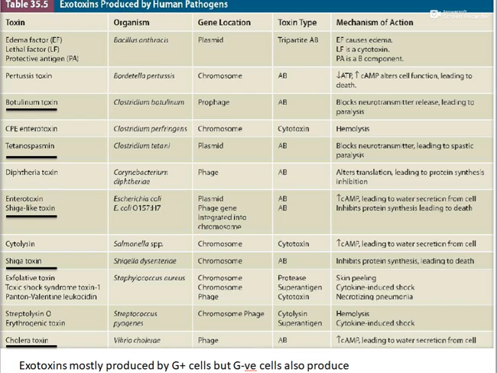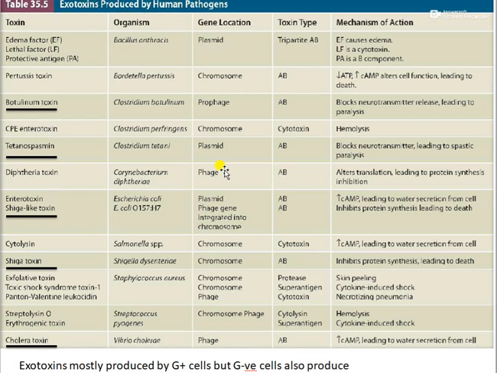The most common members are Clostridium botulinum, which causes botulism, and the toxin it produces is botulinum toxin. The gene coding for this toxin is associated with prophages. Another one is Clostridium tetani, which produces tetanospasmin. It is encoded by a plasmid.